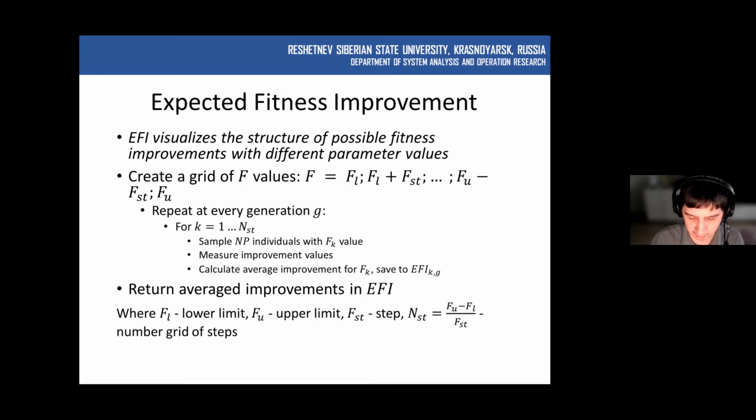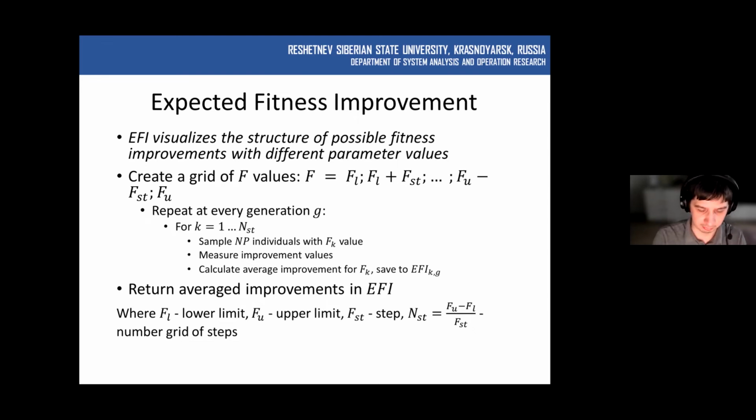We will set a set of F values, and at every generation we will sample solutions with different scaling factor values, with different F, and then measure improvements. So how good will be the solutions if we use F equal to 0.2, 0.3, 0.5, 0.7, and so on.